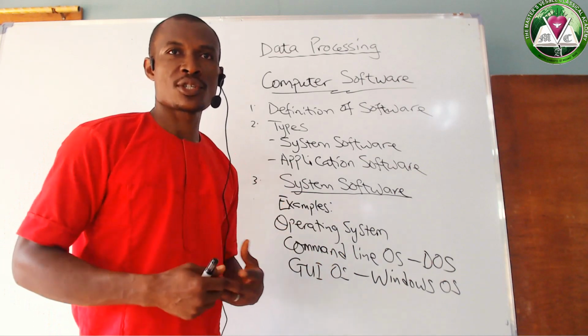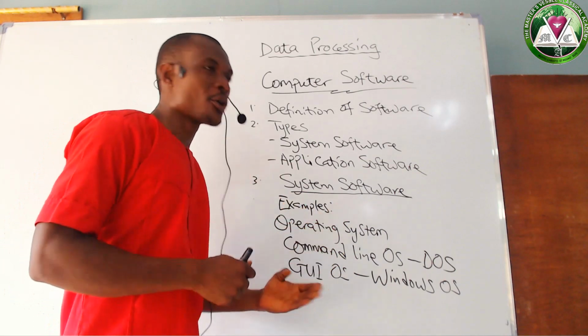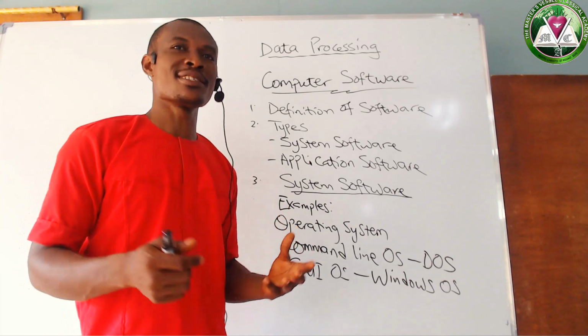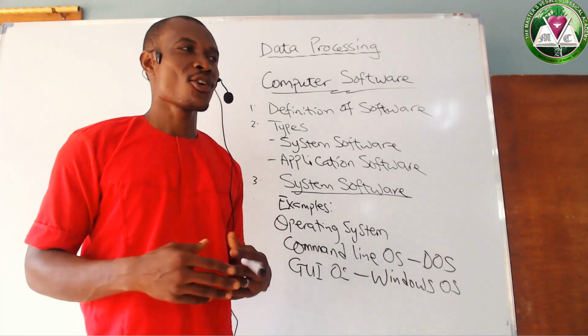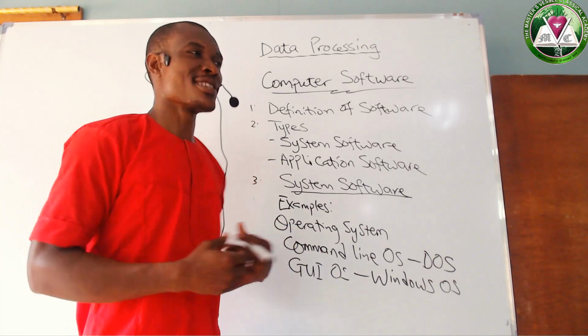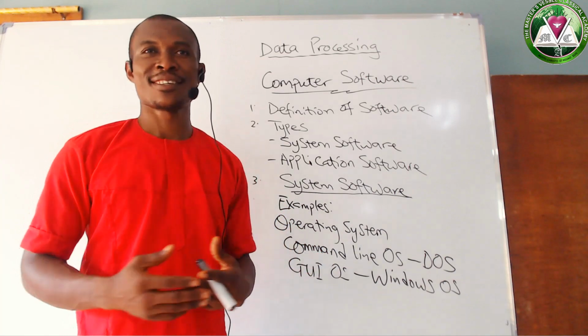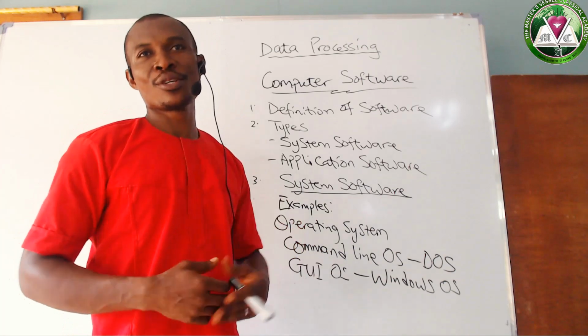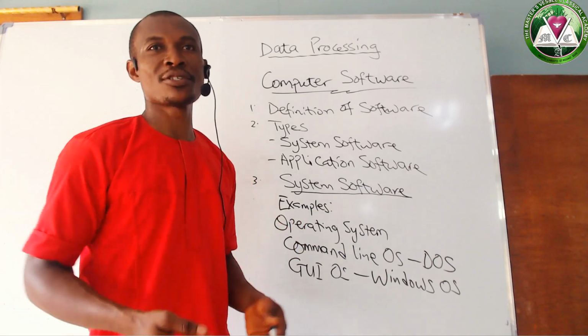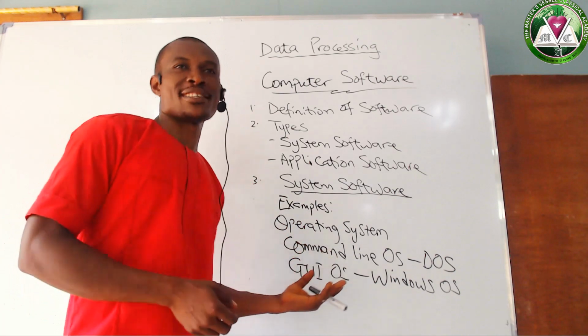Now, there are features that GUI operating systems possess, and most times in WAEC or in NECO, I have seen these questions being asked by the exam bodies, asking students to mention 2 features or 3 features of GUIs.